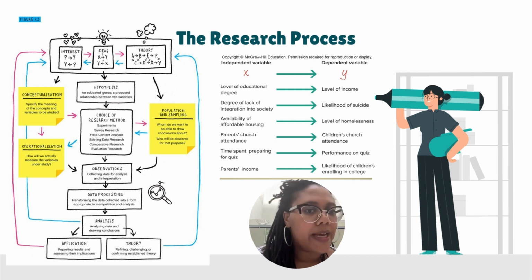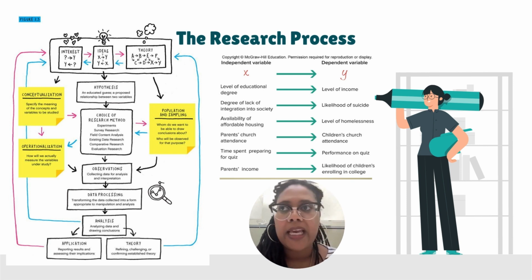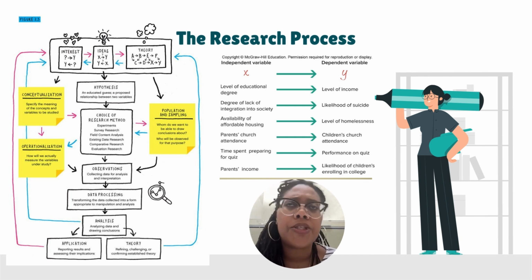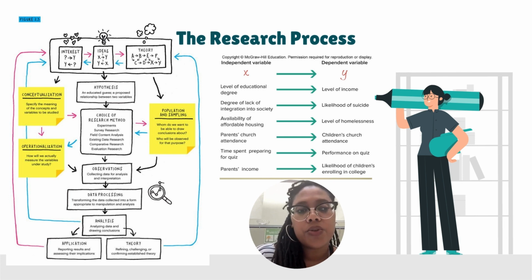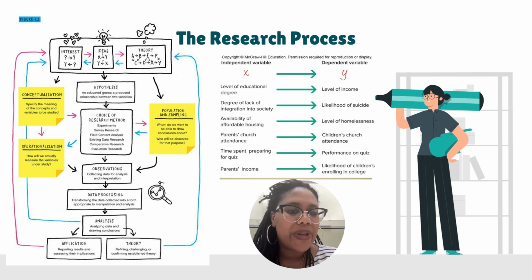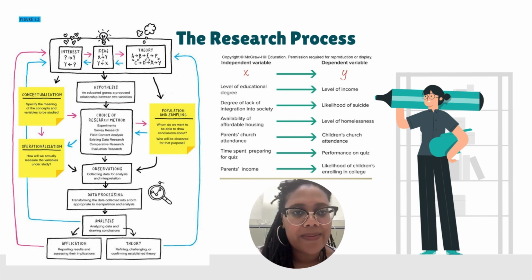I'll operationalize that term by saying that I'll measure education based on your GPA. Or perhaps I'll measure education based on the number of years of schooling you have successfully completed, right? And so this clarifies things.